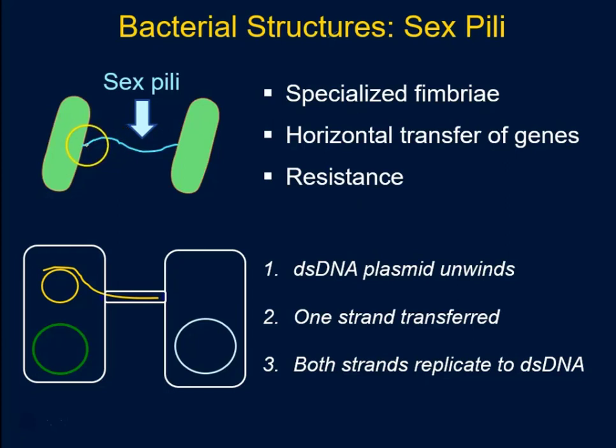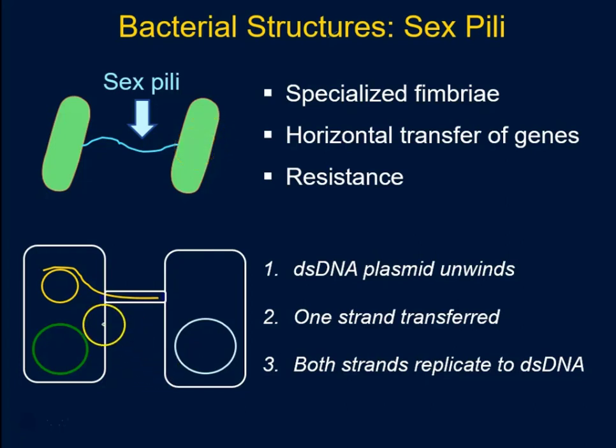So certain genes can be transmitted from one bacteria to another in the form of a plasmid. So a plasmid can go from this bacteria to this bacteria. So whatever genetic information this bacteria had in that plasmid will go to this bacteria. And once it goes there, it will become an integral part of that bacteria.